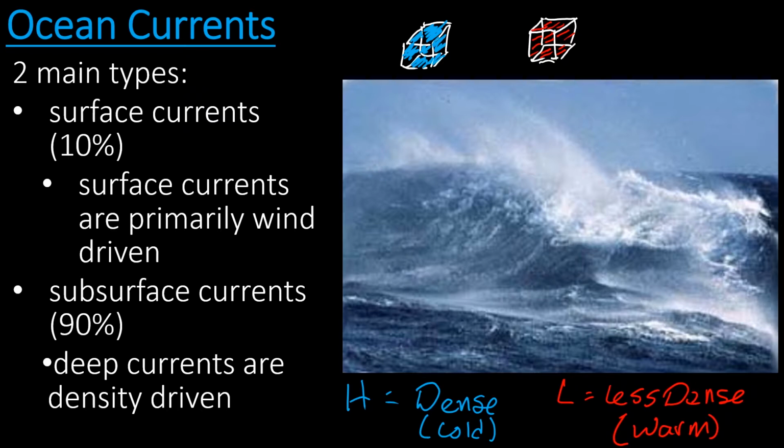And so this creates our convection currents in the ocean, creating these density-driven subsurface currents. So these cold water currents will fall, and these warm water currents will rise, just like air.